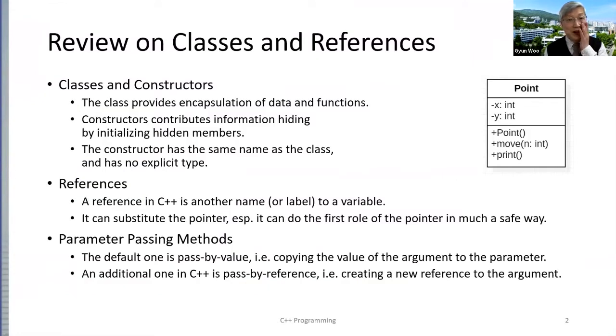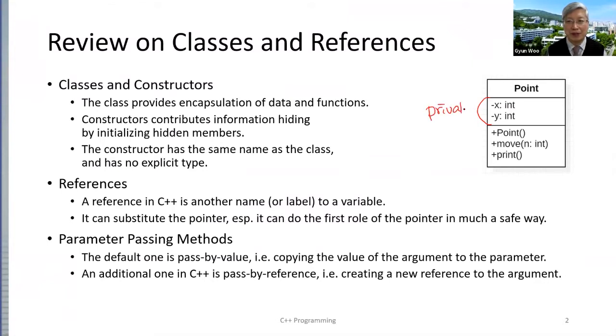Up to the last class, you have learned what a class is, and you have to make a constructor when you like to make some of the fields private. As a rule of thumb, it is good to make your member variables private.